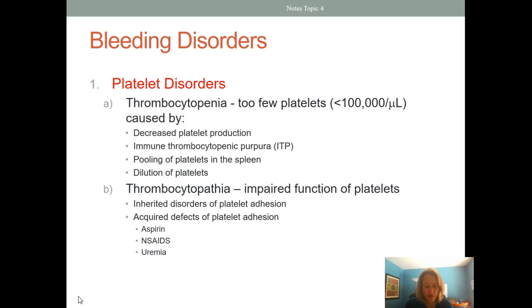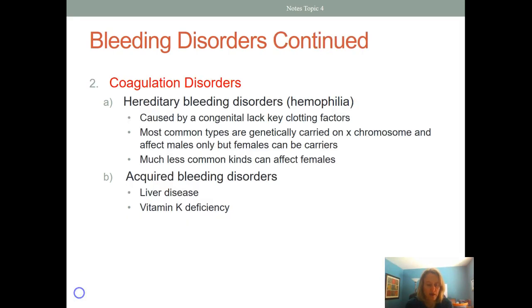NSAIDs block the cyclooxygenase pathway, but this is just for the duration of the drug rather than for the life of the platelet. Uremia is when we have kidney failure, and this can also impair platelet function and lead to problems with blood clotting. Then we can also have coagulation disorders, so disorders of the clotting factors.